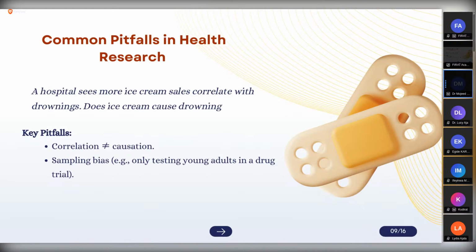There are so many mistakes that we make in our research in terms of biostatistics. I've seen studies because I review manuscripts for different journals, including BMC Public Health and PLOS ONE and some of them. There are some researchers that will lay claims that are not valid.